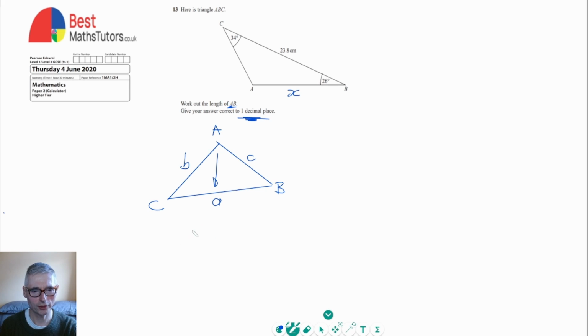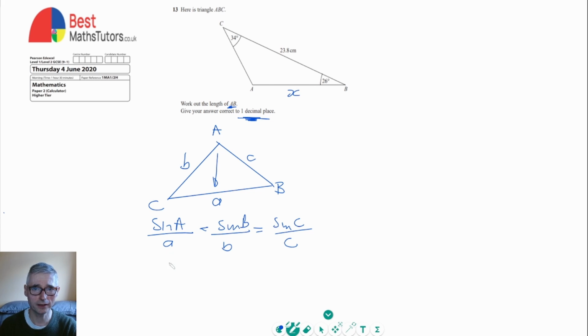The sine rule tells me that if I take the sine of an angle and divide it by the opposite length, all the fractions are going to be the same. So sine B over its opposite length is equal to sine C over its opposite length, and we might use it that way up if we were finding an angle.